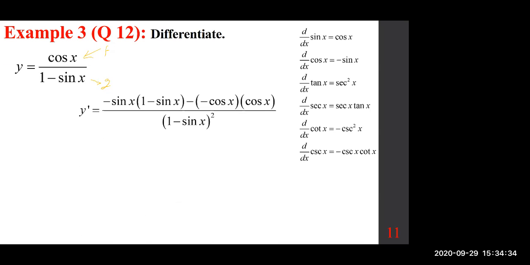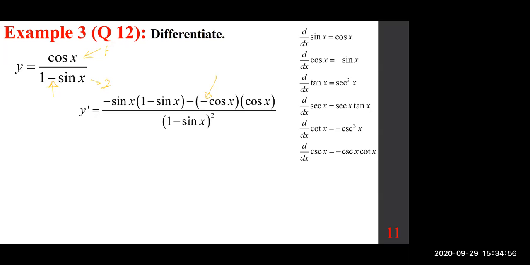So please understand, because of this negative sign, you get this negative sign, okay? So with that being the case, you just distribute and observe. It's a simple case.